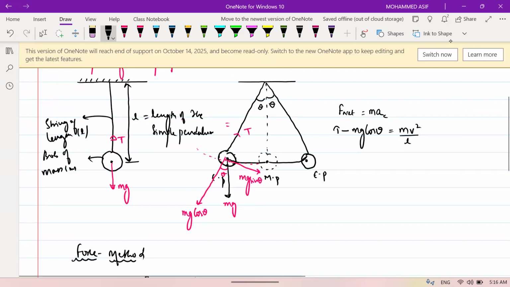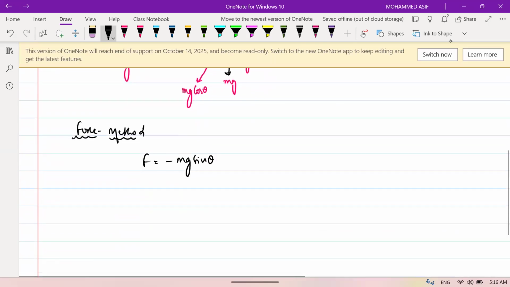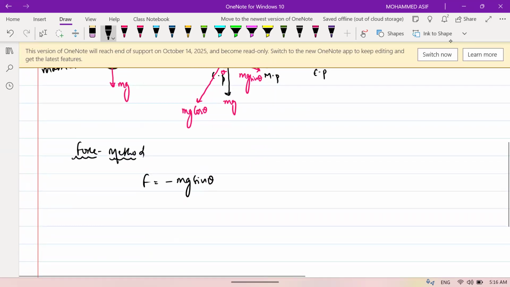Now see here, mg sin theta is the only unbalanced force. T is balanced by mg cos theta, but mg sin theta is not balanced by any force. So that force is called what? Restoring force. So restoring force on the pendulum is F equals minus mg sin theta.